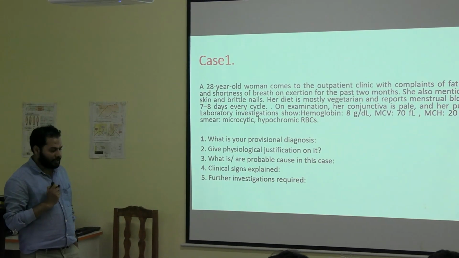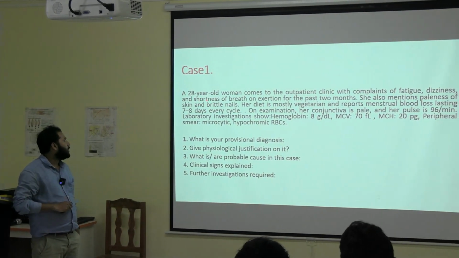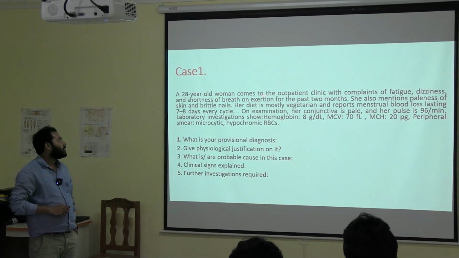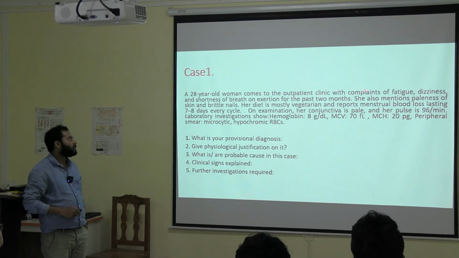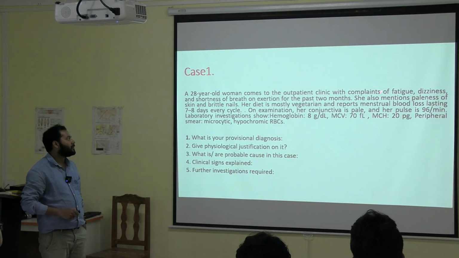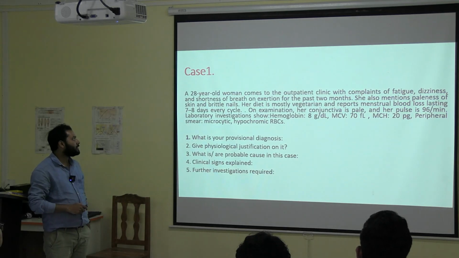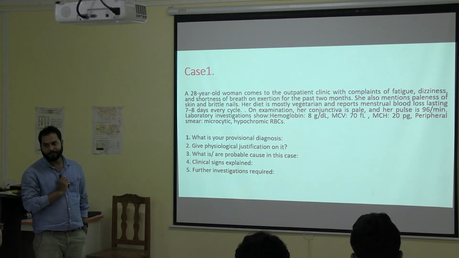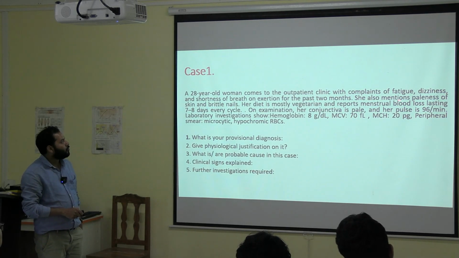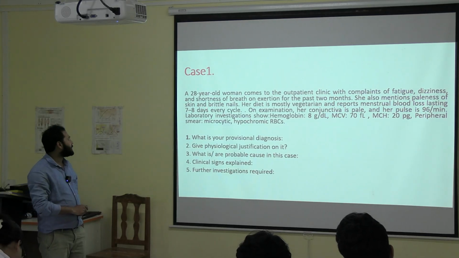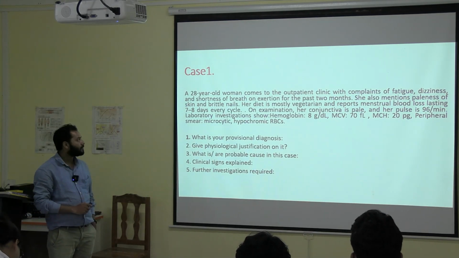So, here it is mentioned a 28 years old woman comes to the outpatient clinic with some complaints of fatigue, dizziness, and shortness of breath on exertions for the past 2 months. She also mentions a paleness of skin and brittle nails.